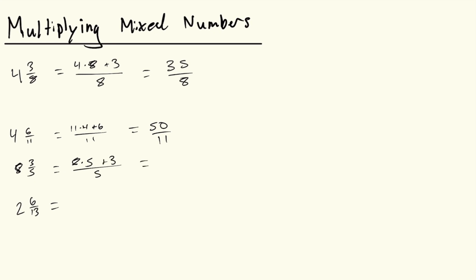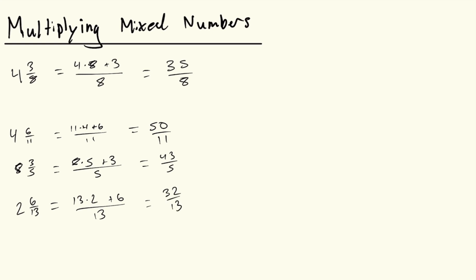And that'll be equal to 43 over 5. And then for the third example, it'll be equivalent to 13 times 2 plus 6 over 13. And that will be equal to 32 over 13.